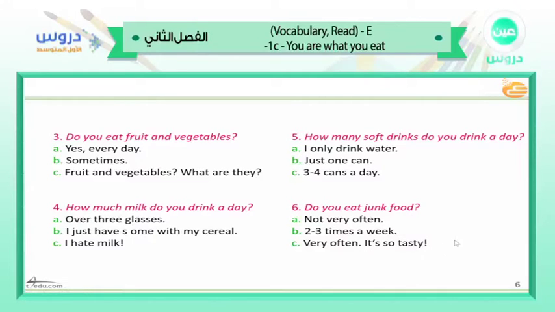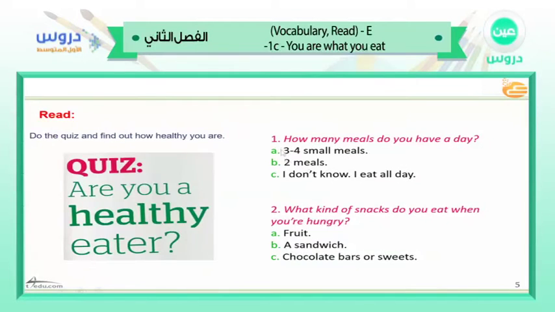Very nice. Excellent. Let's go back to the beginning. So this is question number 1. We will read these questions again and we will do the answers. Each one will do it by himself, on your own. So let's see number 1. How many meals do you have a day?